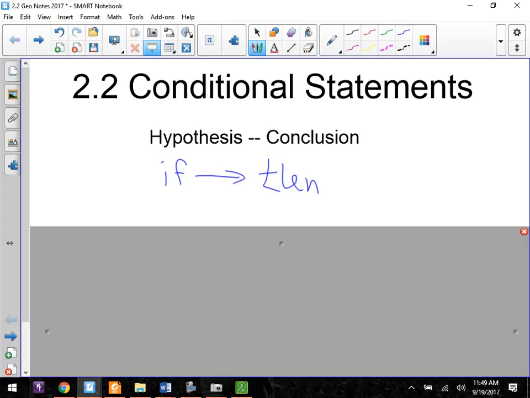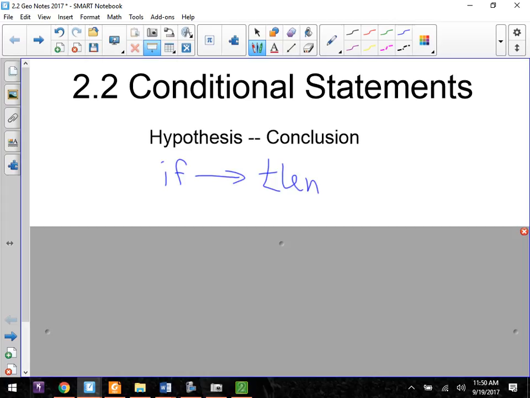Now, most textbooks and things, well, actually, let me rephrase this. You guys ever heard the term mind your P's and Q's? Mind your P's and Q's is when I'm trying to tell you to behave. Watch what you're saying. Watch what you're doing. This is why. It's an argument.